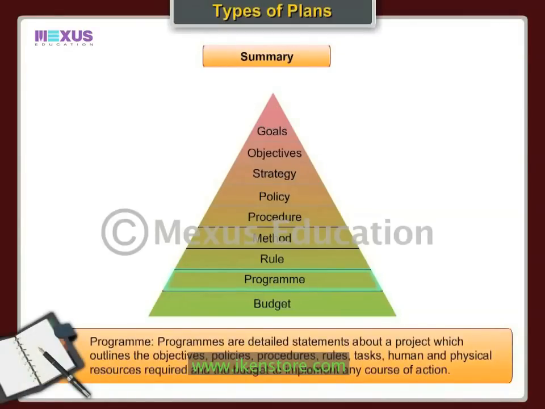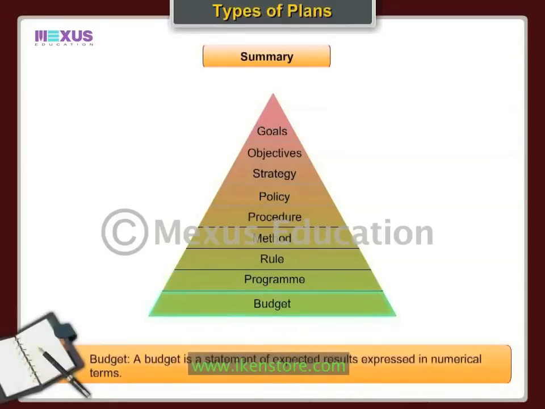Programs are detailed statements about a project which outline the objectives, policies, procedures, rules, tasks, human and physical resources required, and the budget to implement any course of action. Budget. A budget is a statement of expected results expressed in numerical terms.